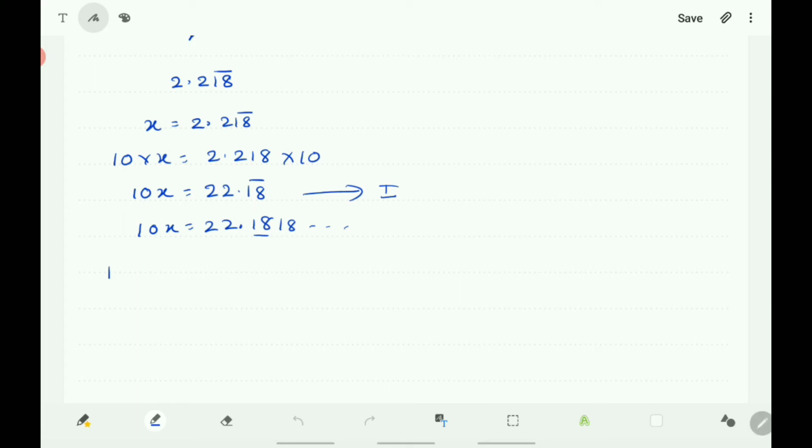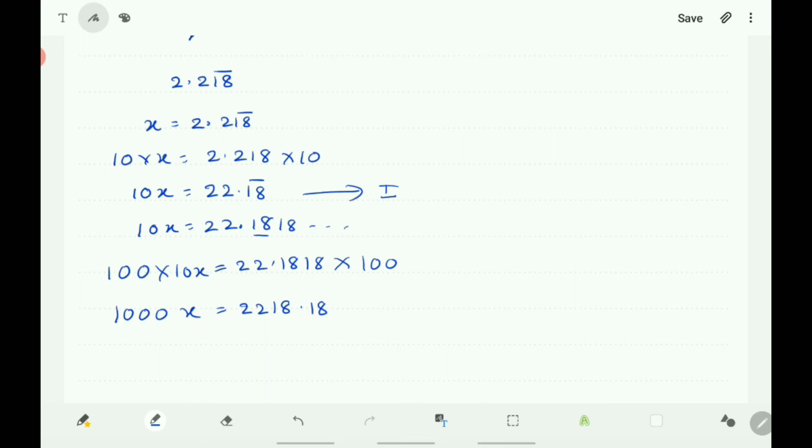So you multiply 100 into 10x is equals to 22.1818 into 100. Then it becomes 100 into 10 is 1000x is equals to 22, and this 18 comes here, so it becomes 2218.18. Again this 18 are recurring.